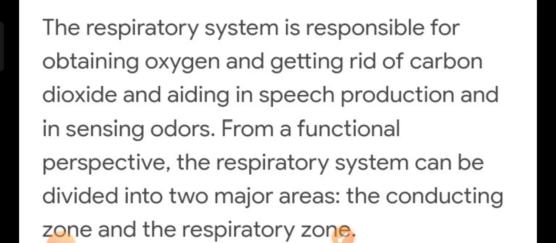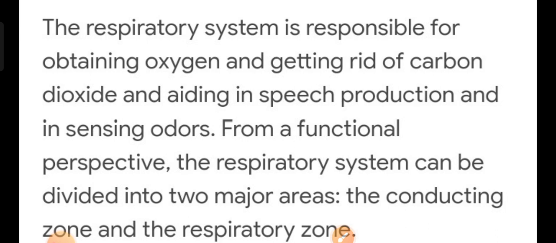We inhale oxygen and we exhale carbon dioxide. This exchange of oxygen and carbon dioxide takes place in the lungs. Not only that, one more action is speech production, and also sensing odors. So the respiratory system is mainly divided into two major areas. The first is the conducting zone and the second is the respiratory zone.